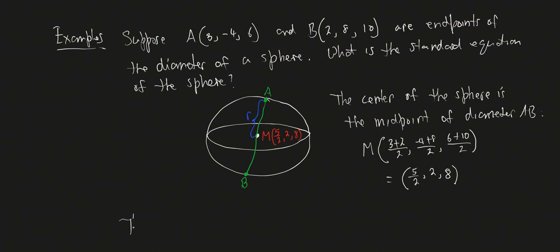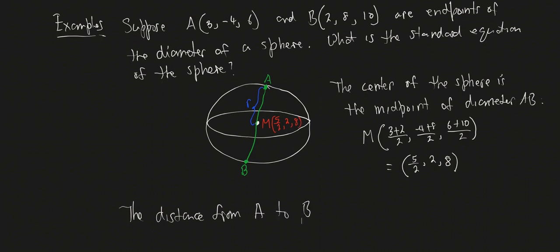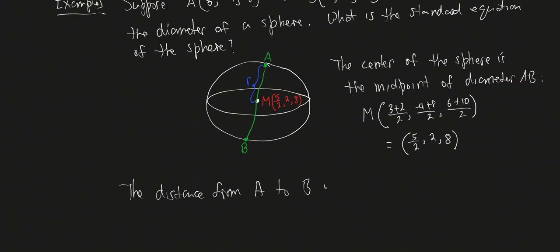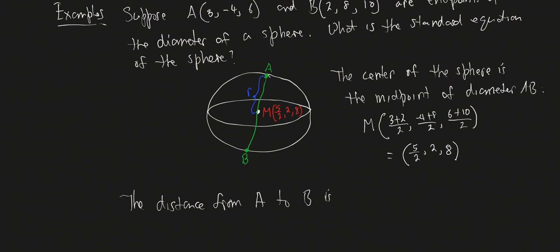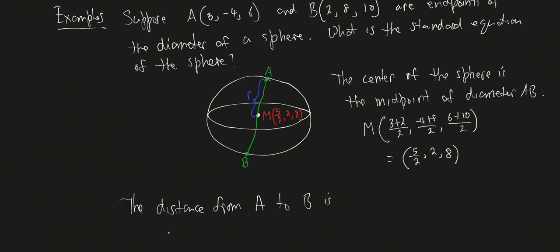So the distance from A to B, or you could say the length of line segment AB, is, and so let's use our distance formula. Let me go back up so you can see the values. I'll just use D for a generic label for distance, and that's our square root.